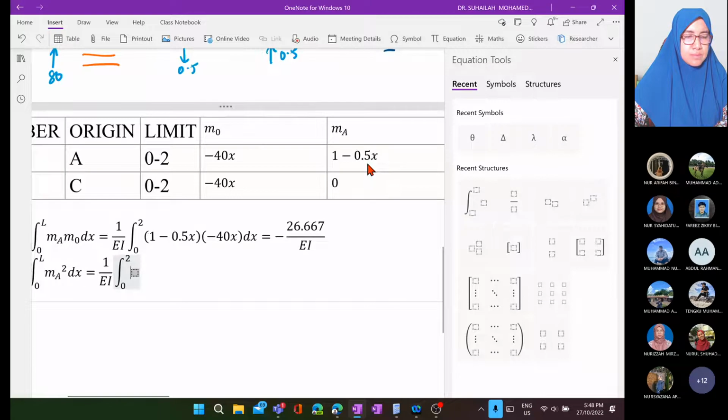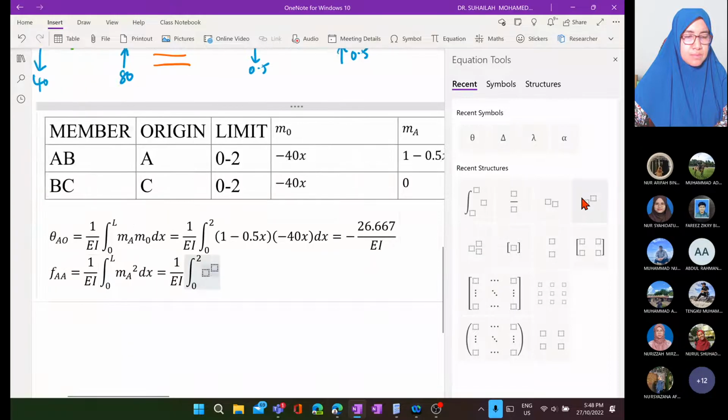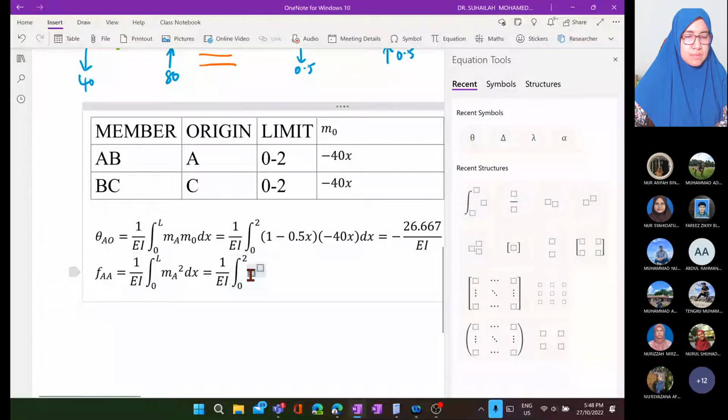It is 1 minus 0.5x squared dx. So what is the answer?